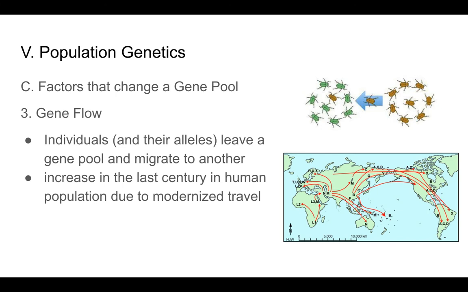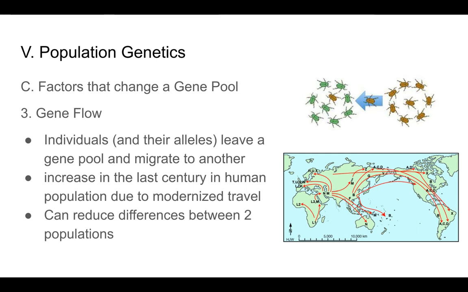We can take our alleles with us and we can breed into a new gene pool. Now, what ultimately that does is take populations that were really, really different and separated and can sort of homogenize them or make them similar. It actually decreases the variation that exists between populations.